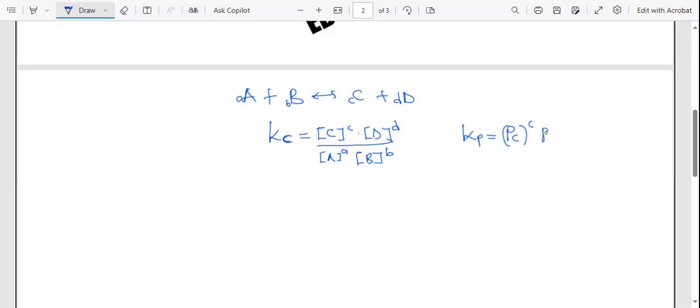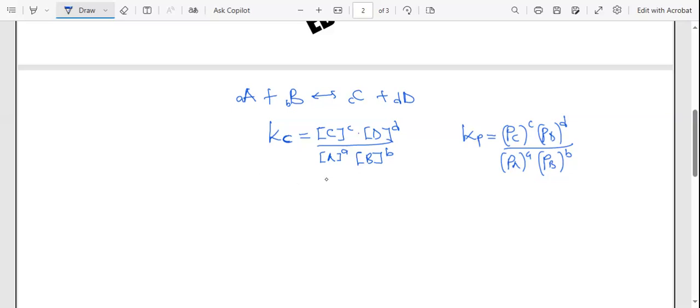Again, we have the partial pressure of D raised to the power d, over the partial pressure of A raised to the power a, and the partial pressure of B raised to the power b. So that is it.